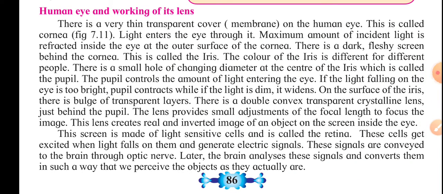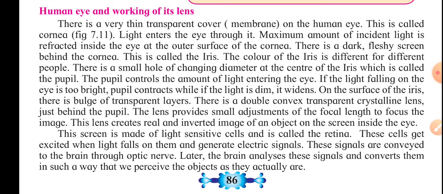Today we are going to see State Board Class 10 Science 1 Chapter number 7 Lenses, and this is the part 3, the third video in the same chapter. In the first two videos we already studied the lenses, different types of lenses, and the ray diagrams by the convex lens and concave lens.